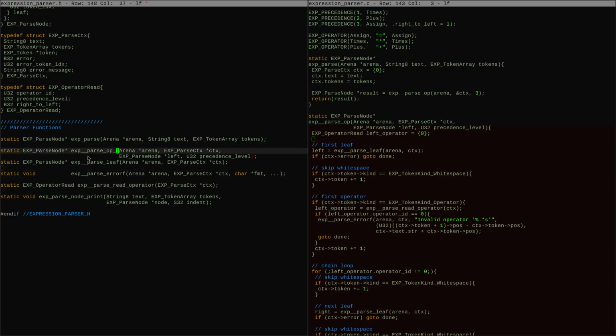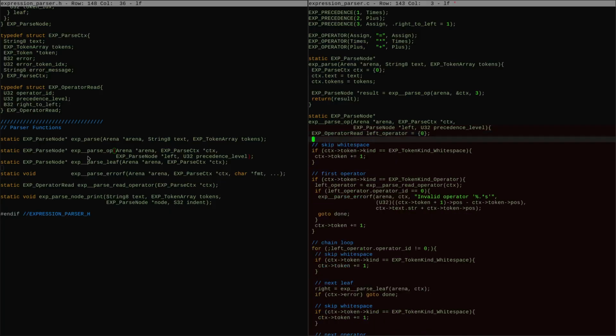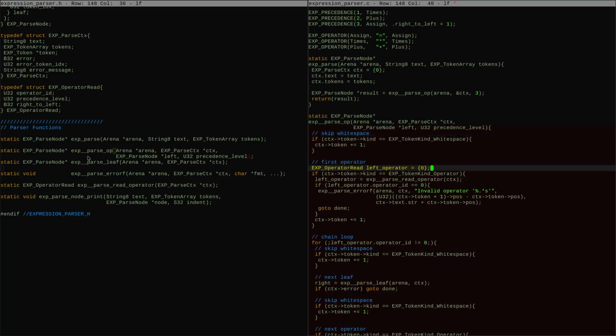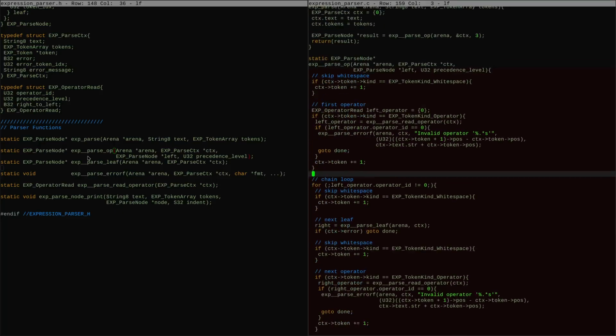This is no longer really parse off. It's becoming, well, it's still just parse off, I guess. But what you do is, we don't need this. So skip white space. We'll get the left operator here, like that.